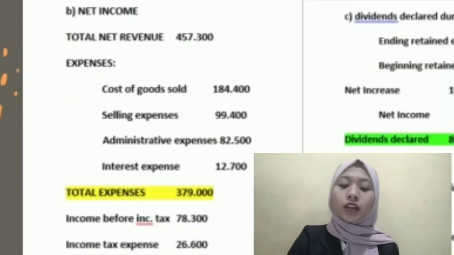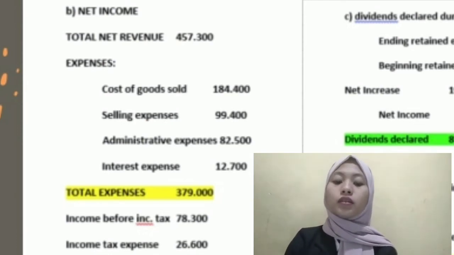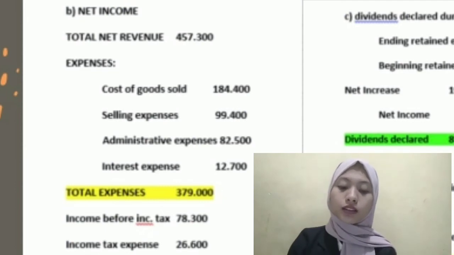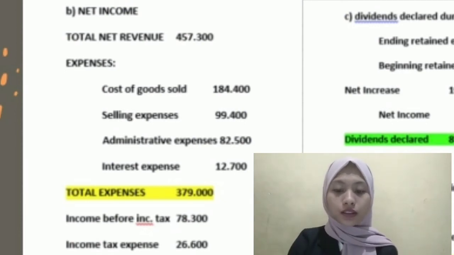Now, number B, net income. Net income is total net revenue reduced with expense. Then the total expense is $379,000.